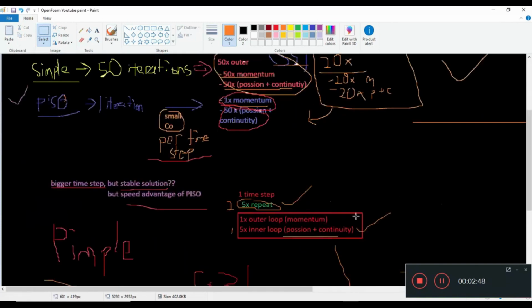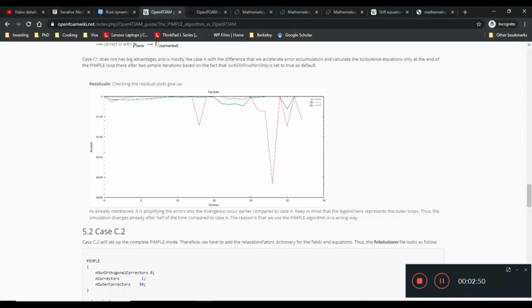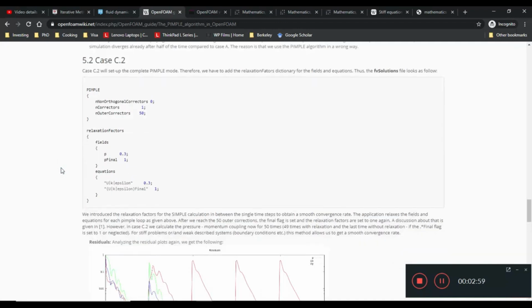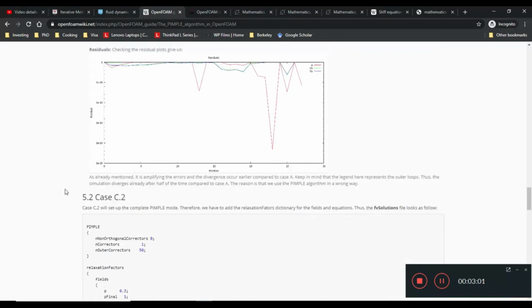Just take note that we will use the concept of residuals very often, and we generally want residuals to be very small. I'll explain the concept a few more times so it gets clearer as we go along.